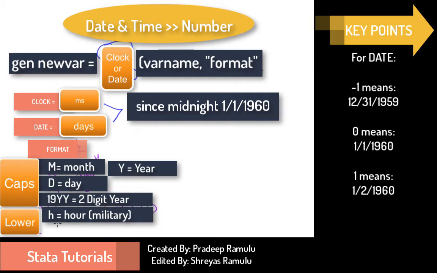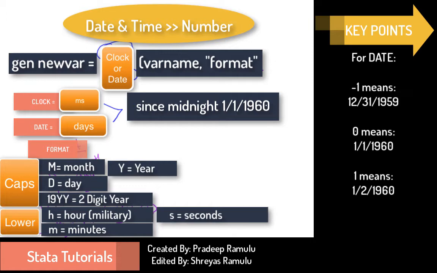Then capital M is minutes and small s is going to be seconds. So this is pretty complicated, but this is what you need to do. Remember, I would strongly recommend using military time and using a four-digit year to make your life easier, although there are workarounds for all these.